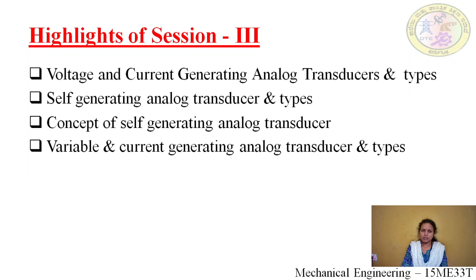So the difference between the self-generating and the variable generating analog transducer is that self-generating does not require any external power source, but variable uses an external power source for the conversion of one signal to another.